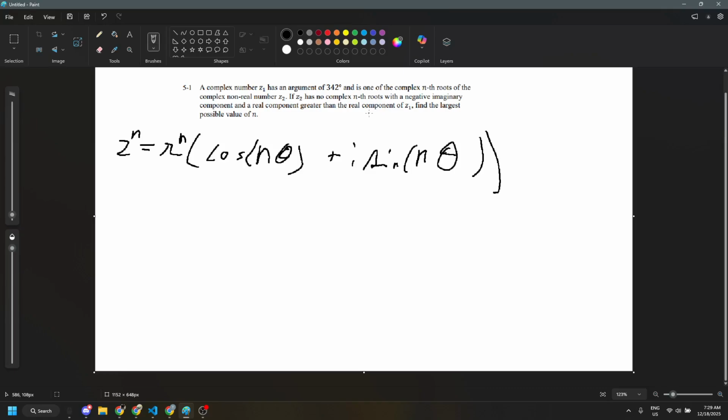What? Okay. z1 is one of the complex nth roots of z2.